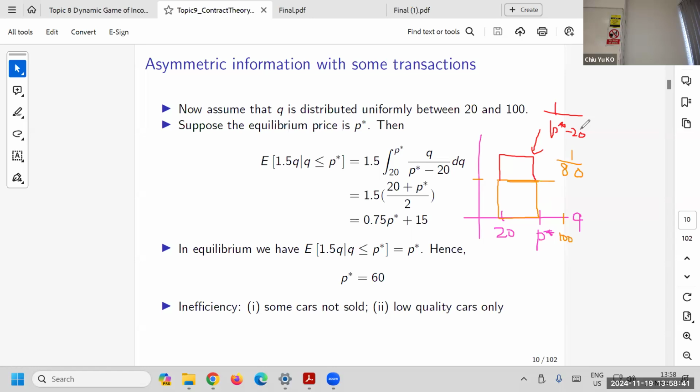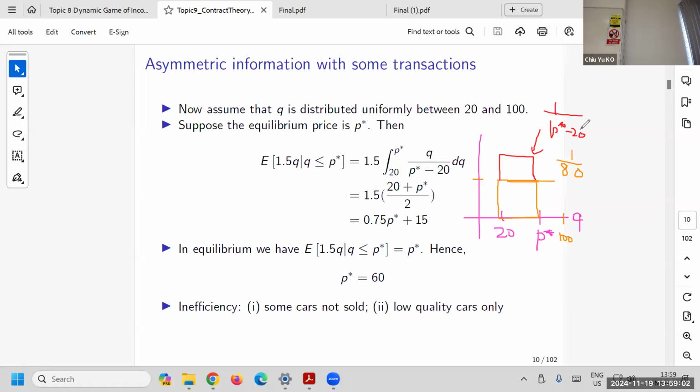So P star equals 60, right? Which gives you the same idea as we have seen in the simple example, where quality below 60 is there, but above 60 is gone. So it gives you the general idea why this holds.